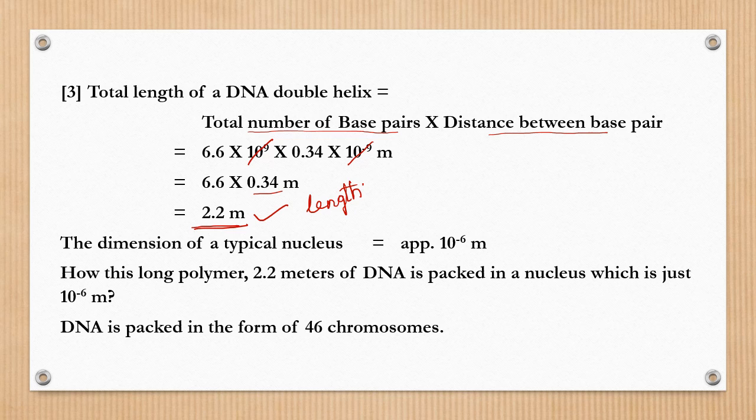Now let's note that a cell consists of a nucleus. The diameter of a typical nucleus is approximately 10 to the power of minus 6 meters.